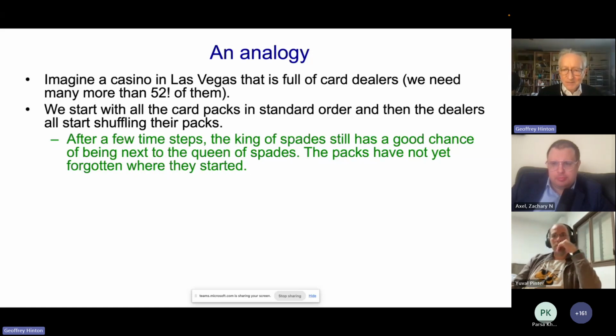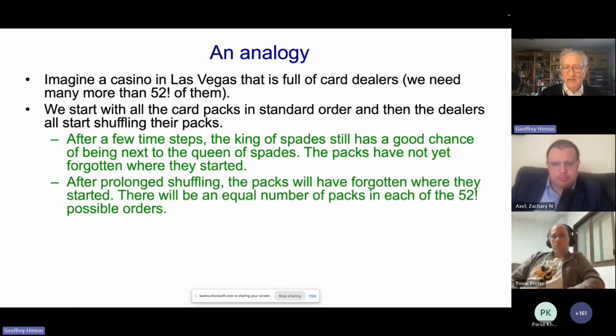But if they keep on shuffling for a long enough time, all sequences of cards in these packs will be equally likely. That's thermal equilibrium. They keep on shuffling, and so any one pack of cards changes. But if you look at this whole ensemble of packs, the fraction in any one configuration stays constant.